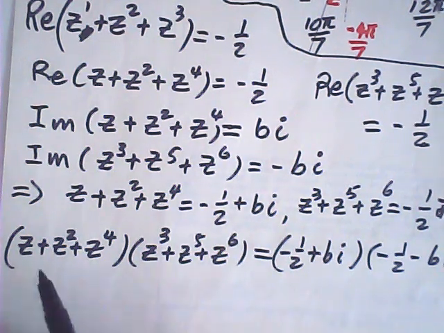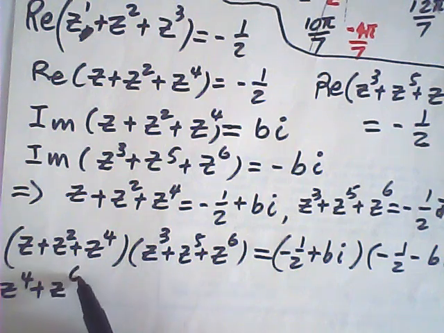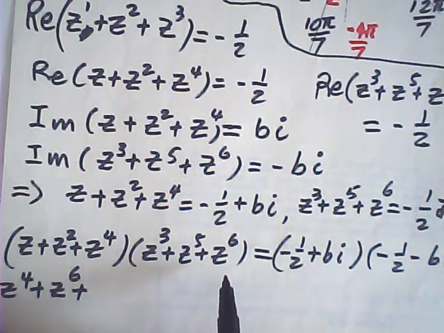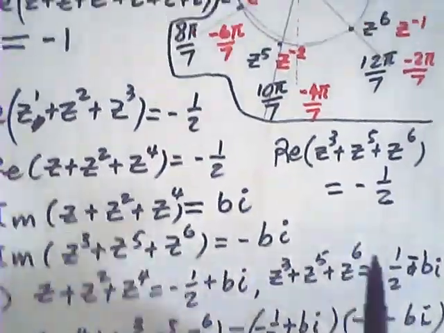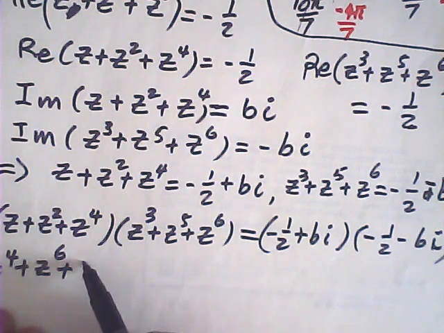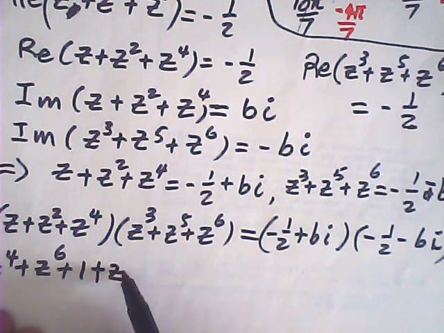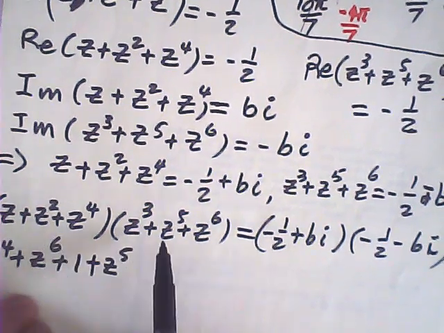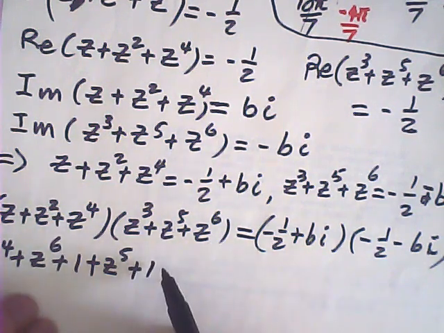This side is equal to z4, z5, z6, z7, z7 equals 1. So this times that one is 1. Now this one times this one is z fifth. This one times this z7th is 1. This time is the z8th.